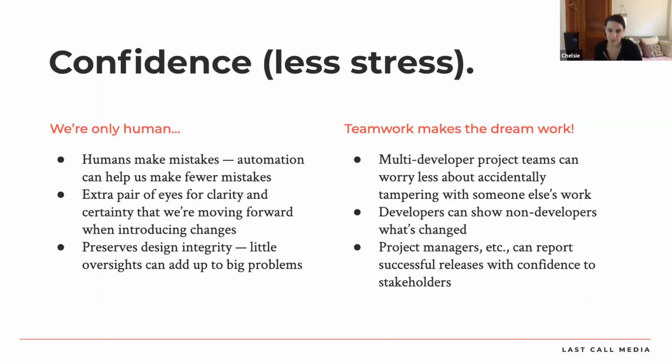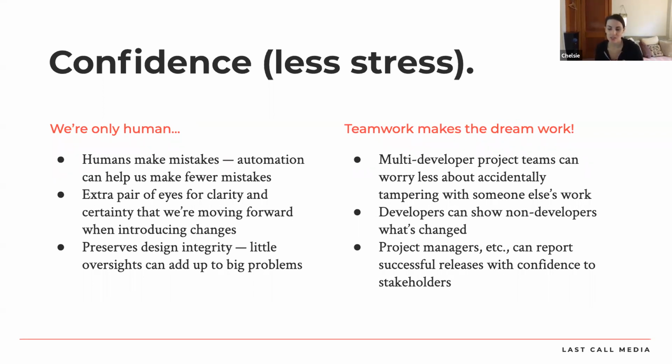And a lot of little oversights can add up to bigger problems. So if you have one visual regression that makes it through, depending on what it is, maybe that's fine and no one notices. But by the time you have 5 or 10, especially if you are a designer or UX, and developers too, really anyone who's spent a lot of time crafting and really finely tuning a theme, only to have it get degraded as time goes on by little things that sneak through, it can be really frustrating.